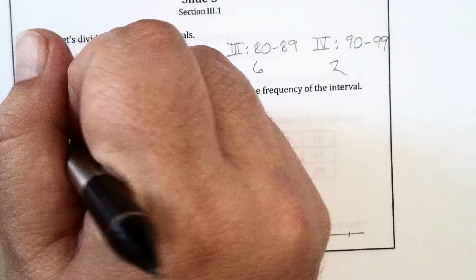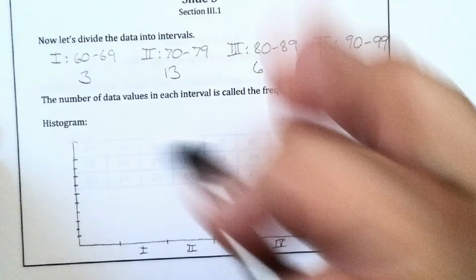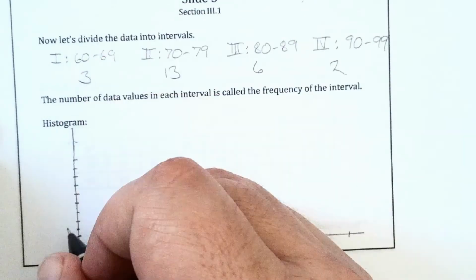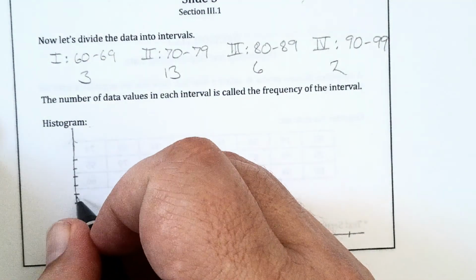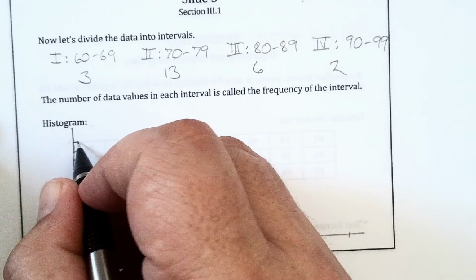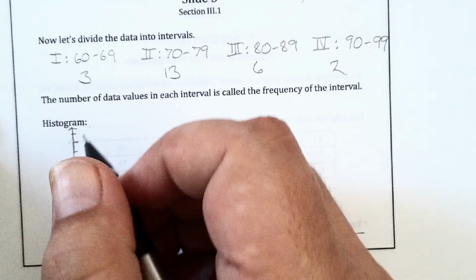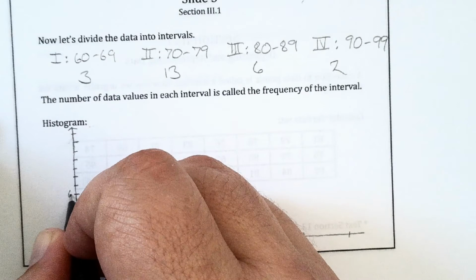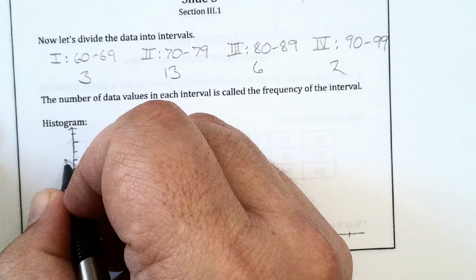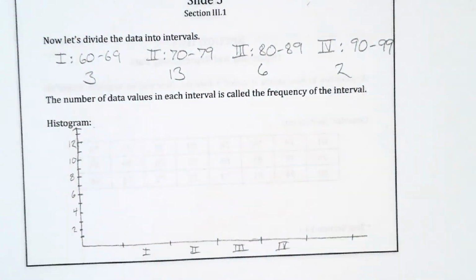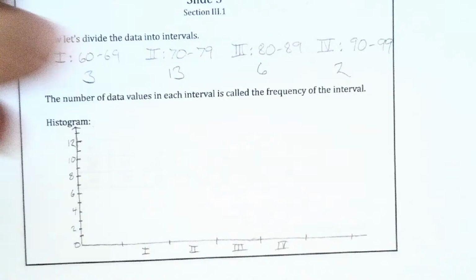So I need a little more space there. I'll just label the 2's since it'll be kind of crowded otherwise.